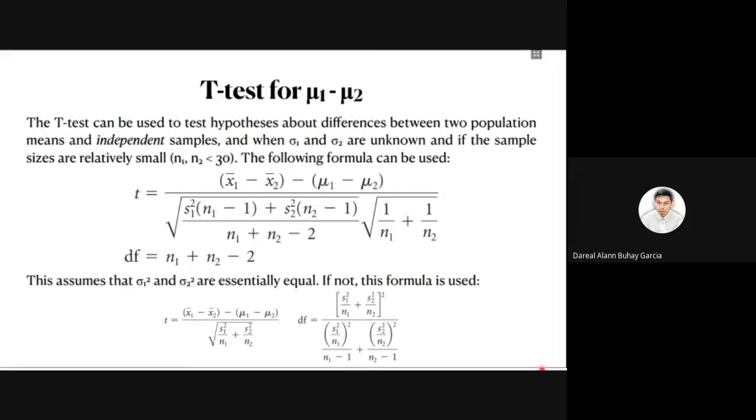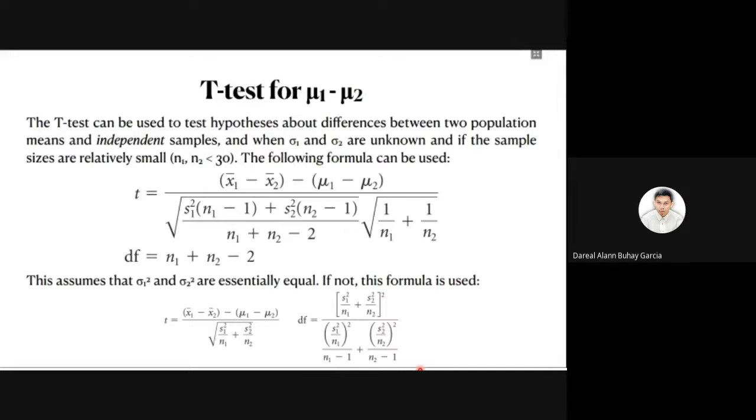That is, sigma 1 squared is approximately equal to sigma 2 squared. Note that if the equal variances assumption cannot be met, then this next formula should be used. Okay, the bottom portion of the slide.